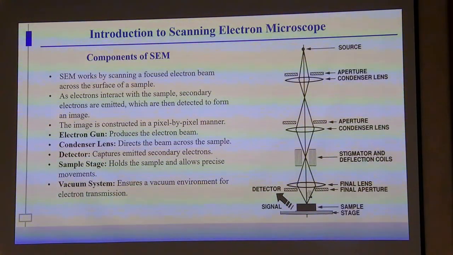The electron gun produces the electron beam, the condenser lens directs the beam across the sample, and the detector captures emitted secondary electrons to make the image. In this case, we need a vacuum, and we will talk about why we cannot do it under normal conditions.